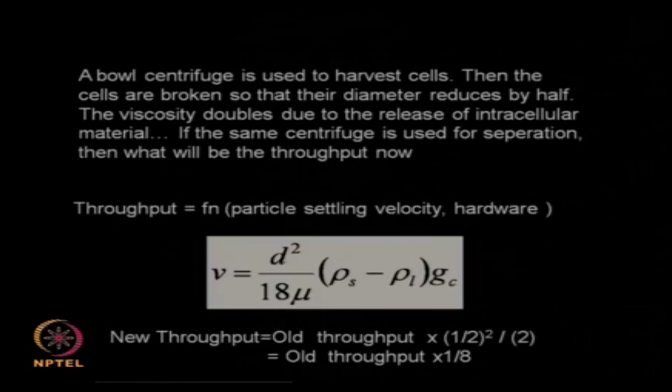So what do we have to do? If you want to use the same equipment, either you accept that the throughput will go down, or I have to change my RPM so that I am able to increase my throughput.